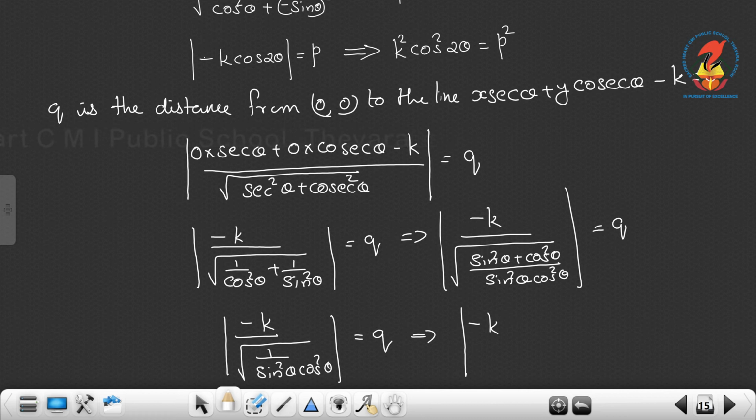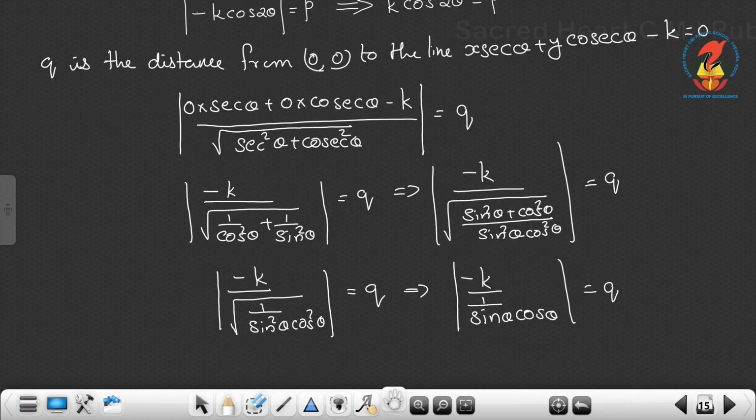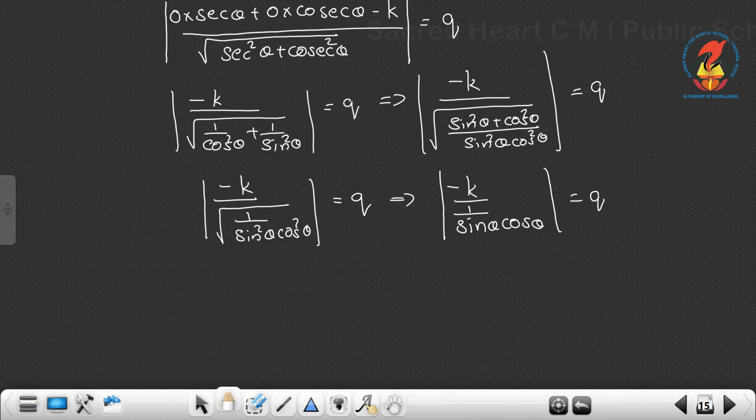Root of sin square theta cos square theta is sin theta cos theta. So 1 by sin theta cos theta, that sin theta cos theta will be in the numerator. So minus k sin theta cos theta is equal to q.